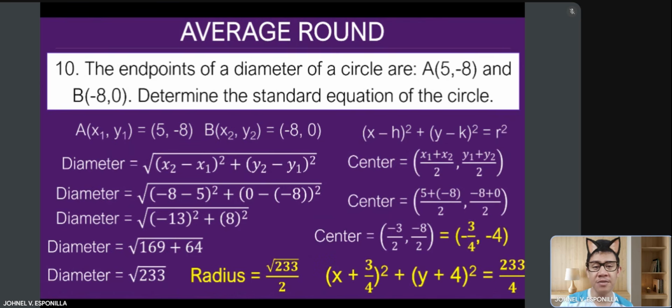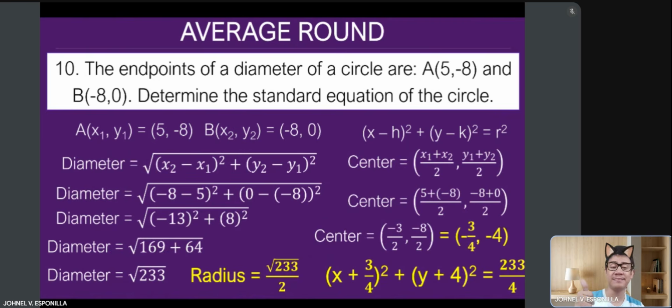Yung standard equation of the circle now is x plus 3 over 2 squared plus y plus 4 squared is equal to 233 over 4. Again, yung radius natin, ito, di ba, is square natin. So, magka-cancel yung square root, maiwan si 233, is square po natin yung 2 para maging 4. Okay? And that is now the standard equation.